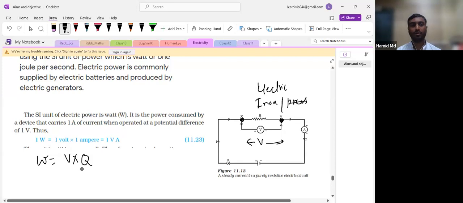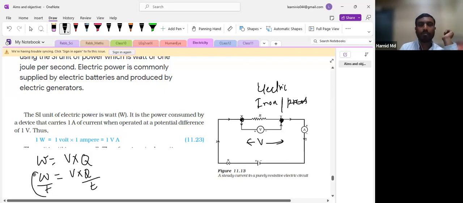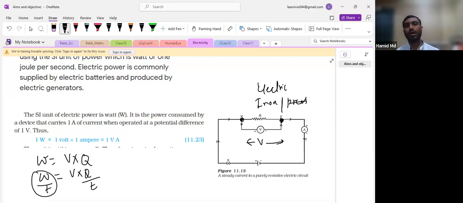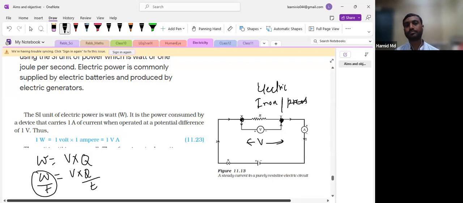Tejasvi, is this clear to you? Yes, sir. Okay, so how are we bringing the charge? Charge per unit time. V into Q over T. Work done per unit time. How do we define power?